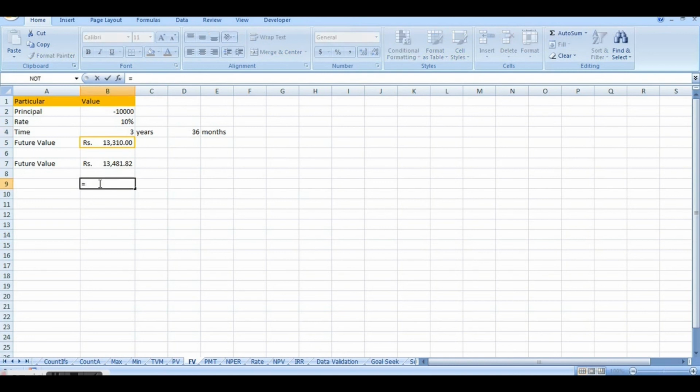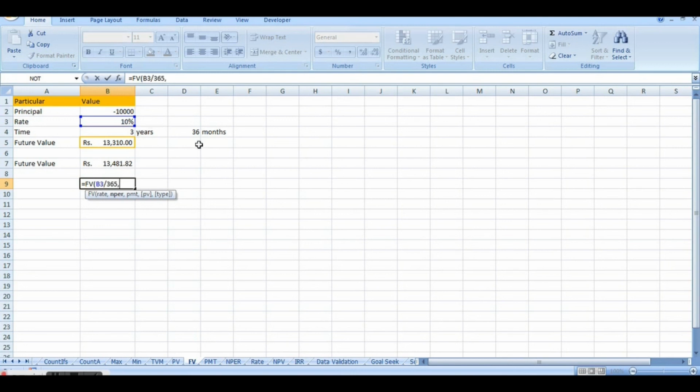You can do daily compoundings as well. In that case, rate will be 10% divided by the number of days in a year, because those many times the compounding will be done. There are 365 days in a year.